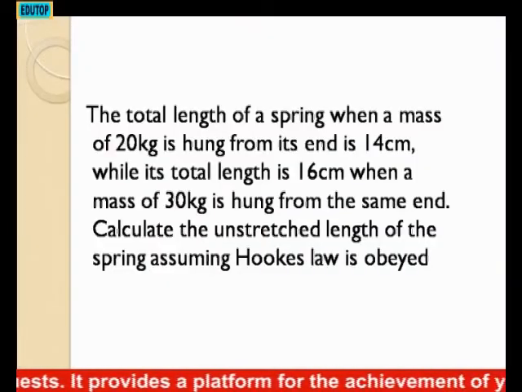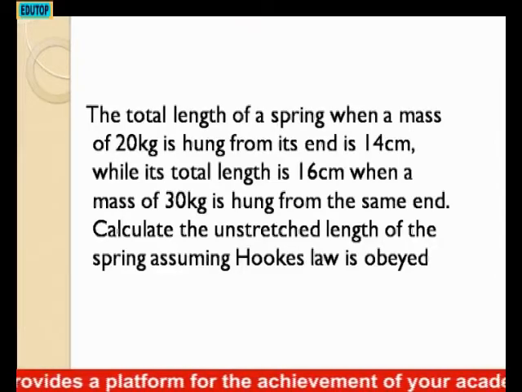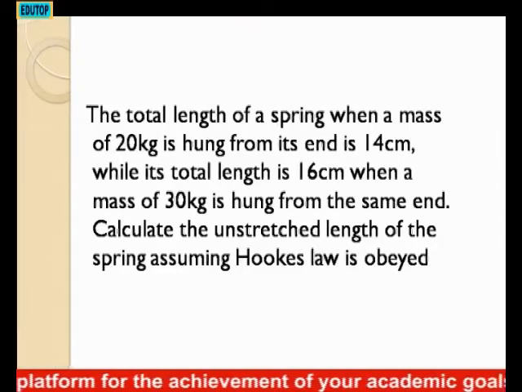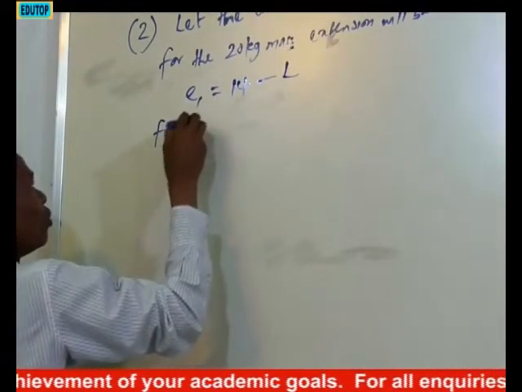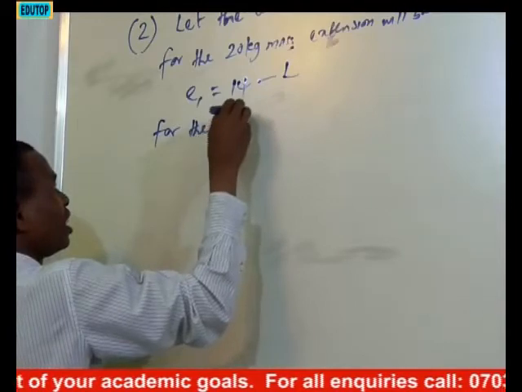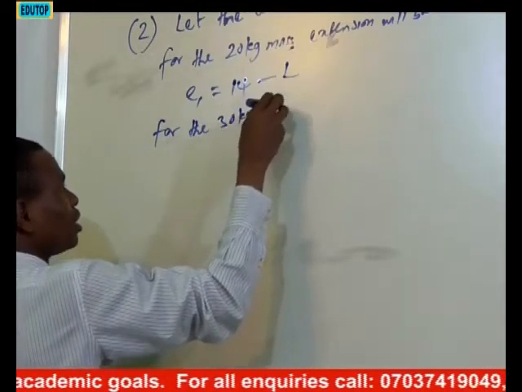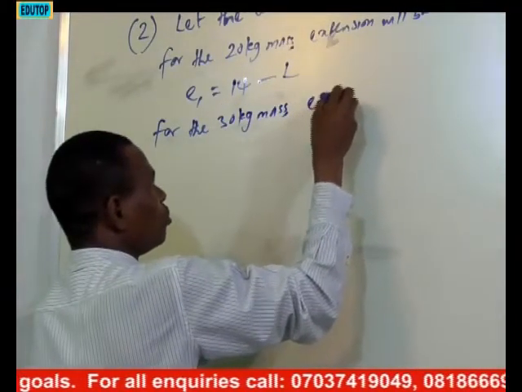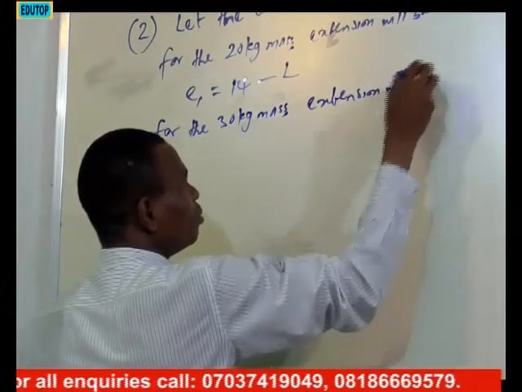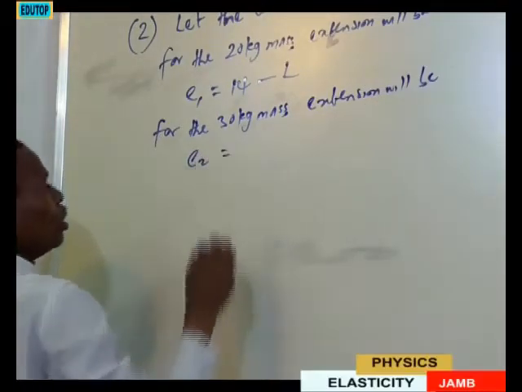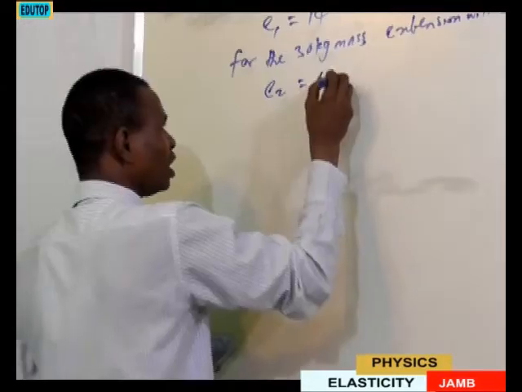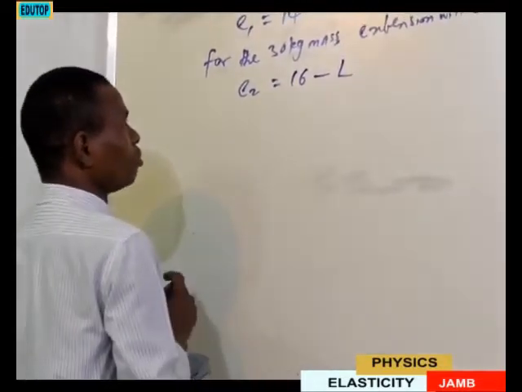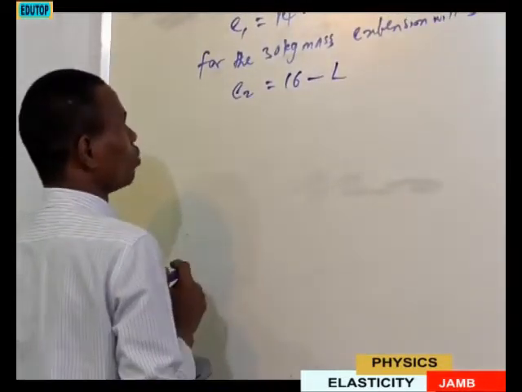The total length, or the final length, is 14 centimeters. It's going to be 14 minus the unstretched length. For the 30 kilogram mass, extension will be, let's call it E2. We are given the total length, and the total length is 16. It's going to be 16 minus L. That is the approach to this question.